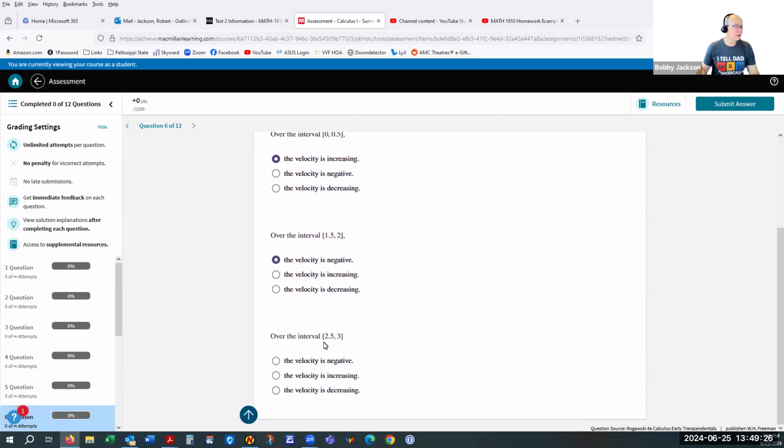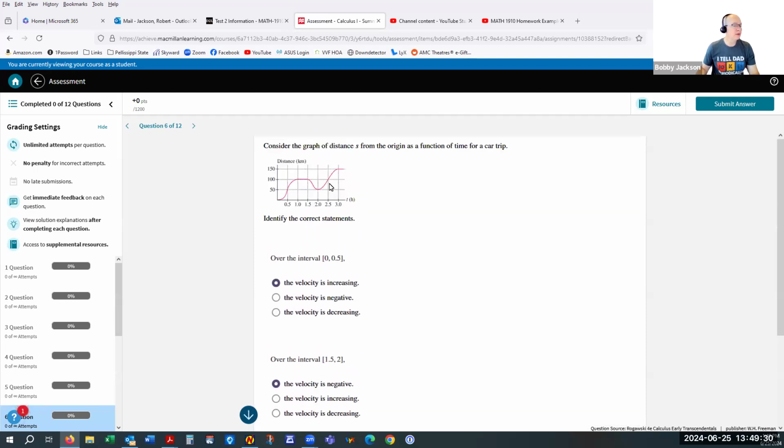The last one is from 2.5 to 3 hours. From 2.5 to 3 hours, again, notice our velocity is going to be positive at any point. If I pick any point on the graph, the tangent line would have a positive slope. But unlike the first interval we looked at from 0 to a half hour, this time notice what's happening.